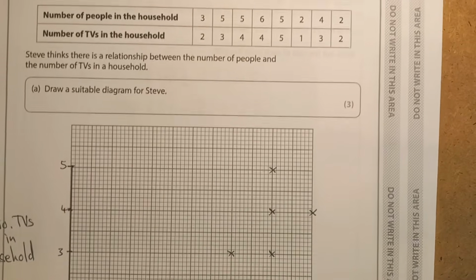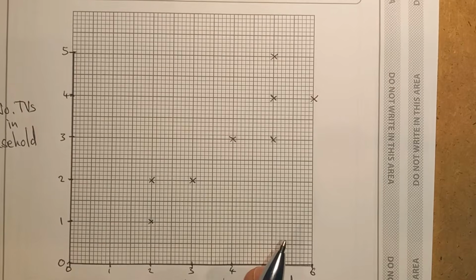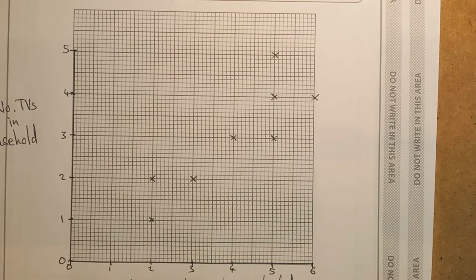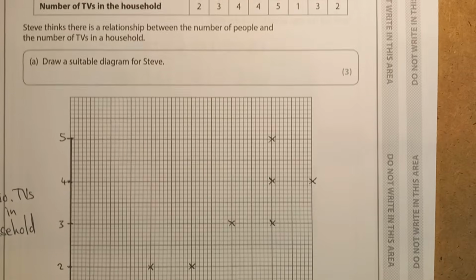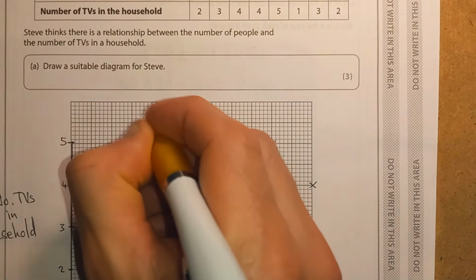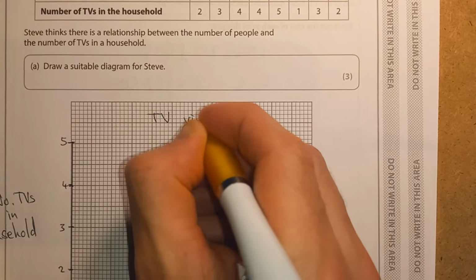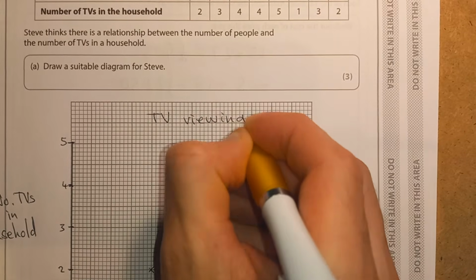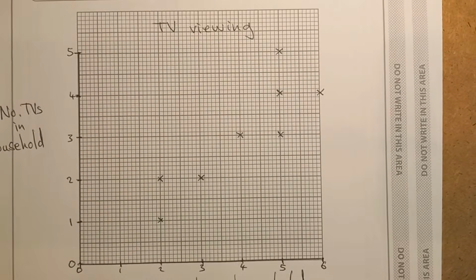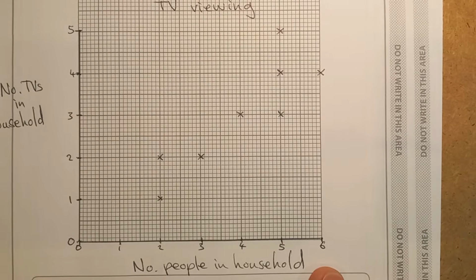Okay, so those are the values, and we get something that looks like this. Now, all that's missing at the moment is a title, so we can just call it TV viewing. And there's our scatter diagram.